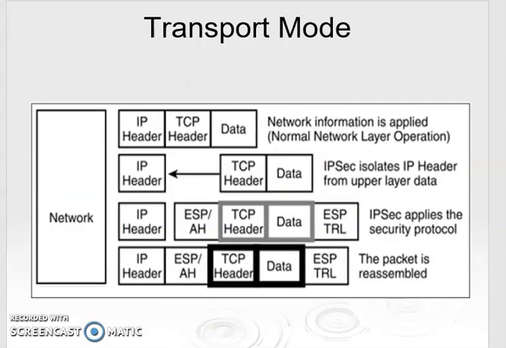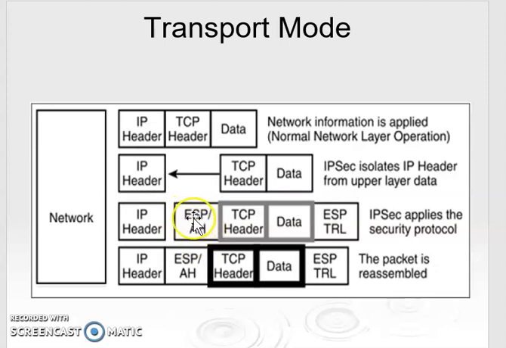So you can see in this case the original IP packet, that is the IP header, TCP header and the data, which is the payload. Between these you are going to use the IPsec header, that is ESP or the authentication header. What are ESP and the authentication header? That is Encapsulating Security Payload and Authentication Header.